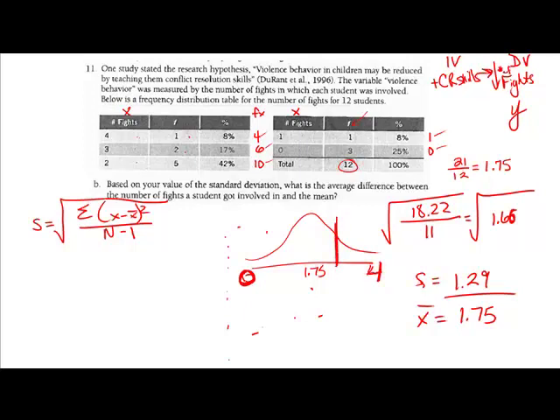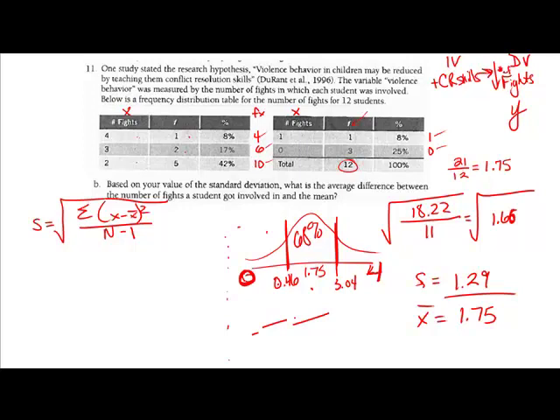And we know that 68%, because of the empirical rule, are going to fall between 1.75 and a half a fight. 1.75 minus 1.29, that's 0.46, and 1.75 plus 1.29, that's 3.04.